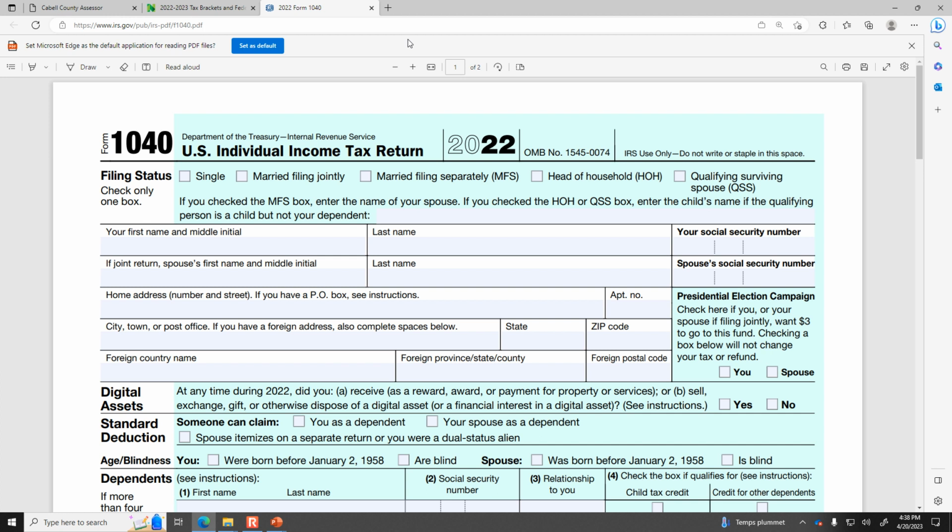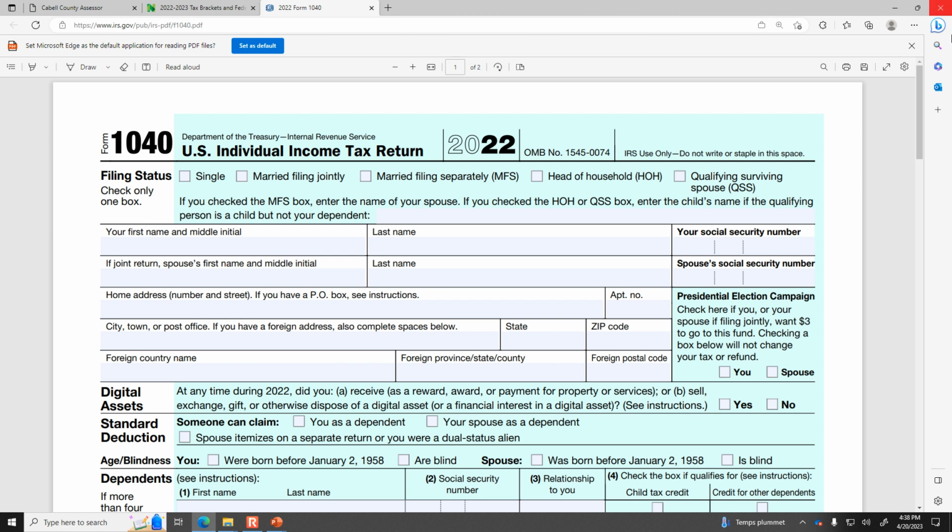At the top it's just demographic stuff. It's asking for your name and your social security number. It's asking whether you're going to be single or married filing jointly. And there are legal definitions for all of these things, like head of the household, qualifying surviving spouse. This is Form 1040, but the IRS also has instructions.